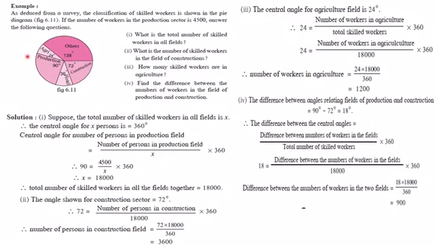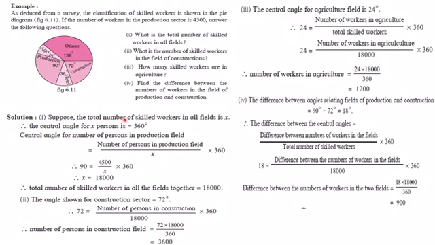Now observe. Agriculture 24 degrees, production 90 degrees, hotel 36 degrees, construction 72 degrees, others 138 degrees. So now this central angle is given in degrees. We have seen what a central angle is. In total it is 360 degrees.